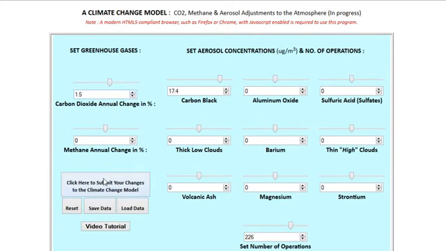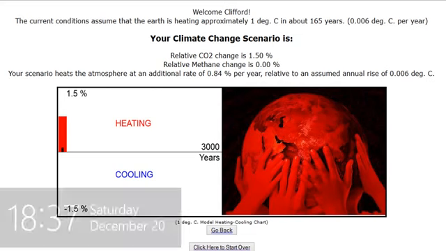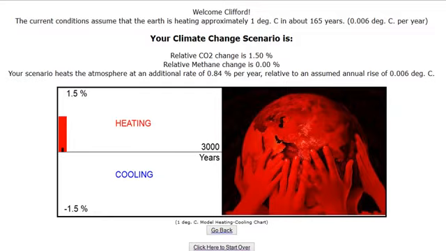We have a very big difference with their combination. We're up to 0.84 now, and our time has dropped to 82 years. So that's a huge impact to the system.